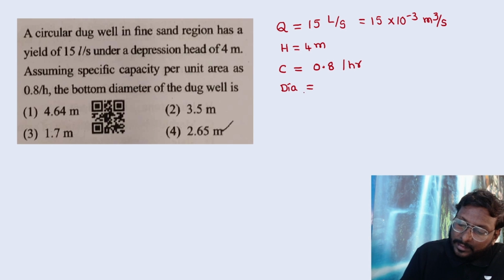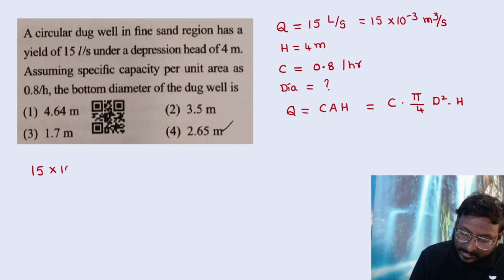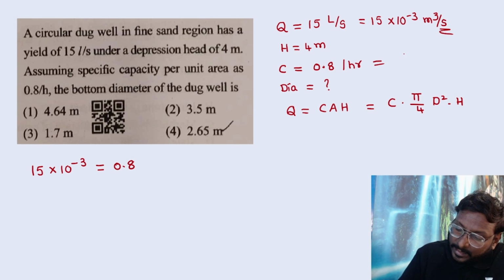Diameter of dug well? Take Q equal to C A H, that is C into pi by 4 D square into H. We need this per second, so 0.8 by 3600.